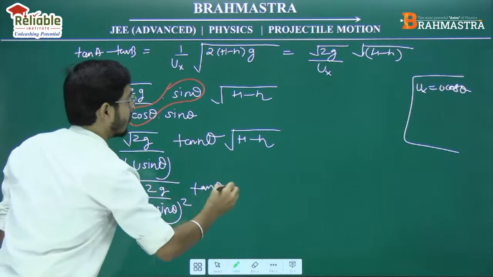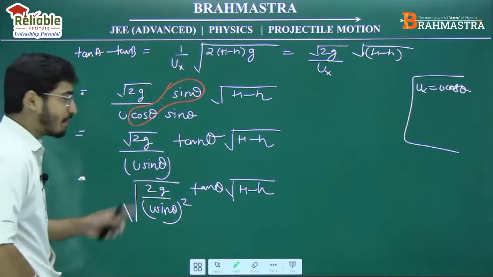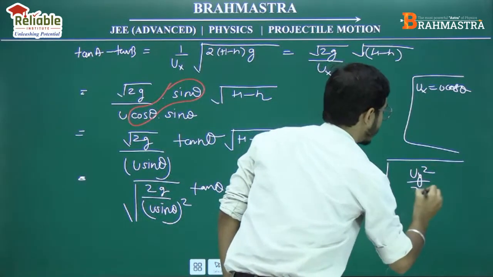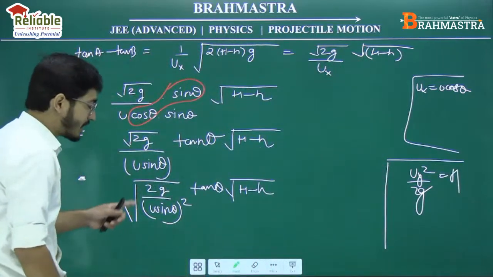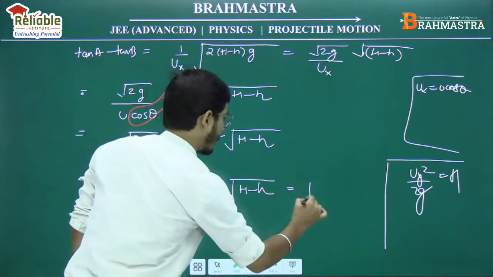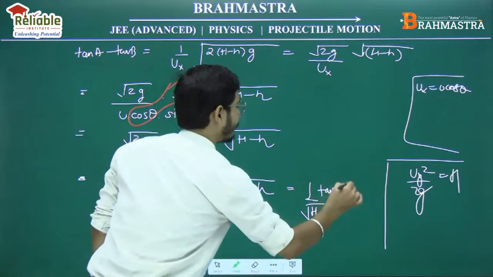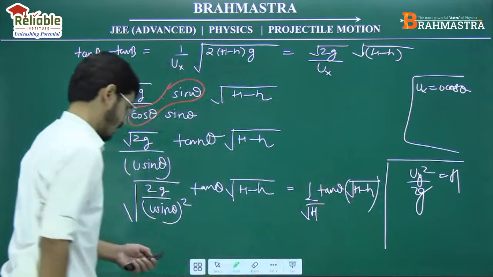Finally, it's a peace moment. Okay, so this quantity, you remember this, what is this quantity? This is uy square over 2g, guys. This is maximum height. So if it is a maximum height, it is basically under root of the maximum height, right? So the expression becomes 1 over under root of H into tan theta under root of H minus h.